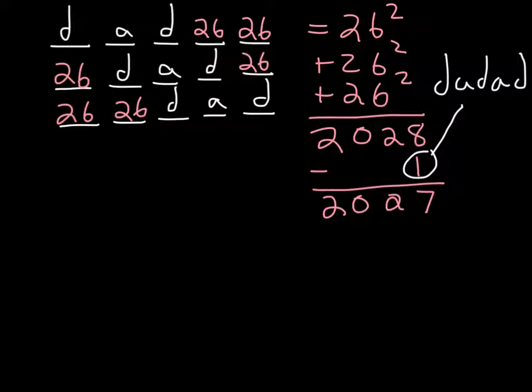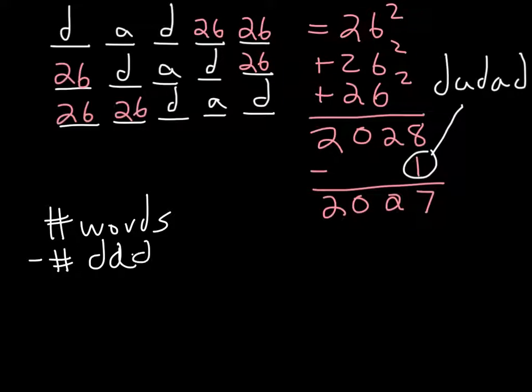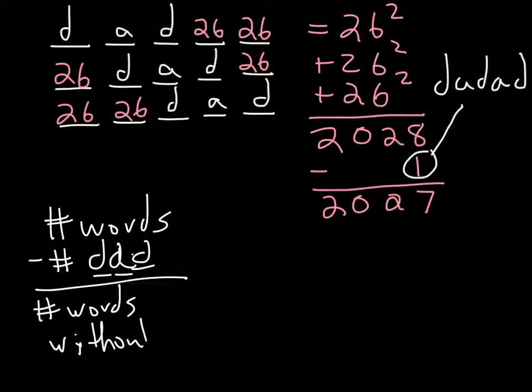So finally, we're going to subtract the number of DAD words from the number of words in total. I'll write it like this, to get the number of words without DAD.